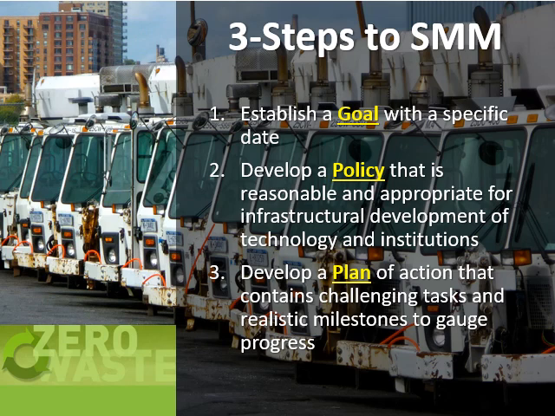Okay, but it's just a vision. It's not a plan. The plan has how we are going to get there. What are the steps we're going to take? What do we have to do in order to get from A to B to C and ultimately to Z for zero waste? What are the challenging tasks and realistic milestones by which we can gauge progress? Because if we say the goal is zero waste in 2050, oh yeah, we did our job, we got our goal.